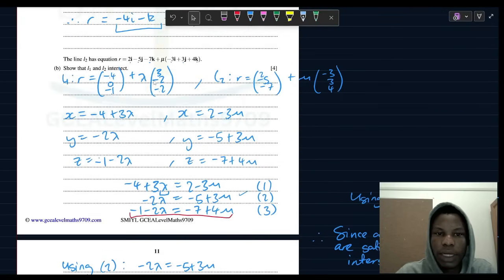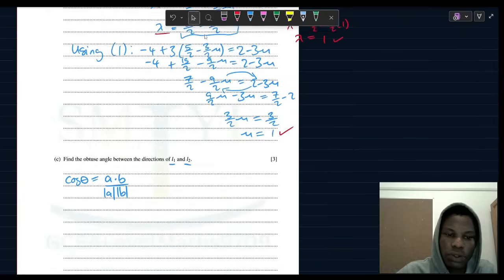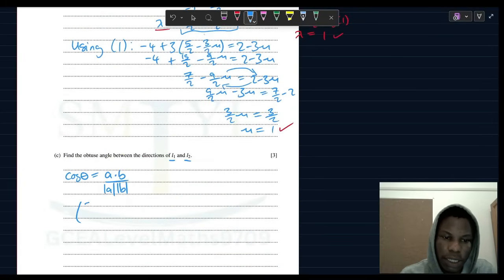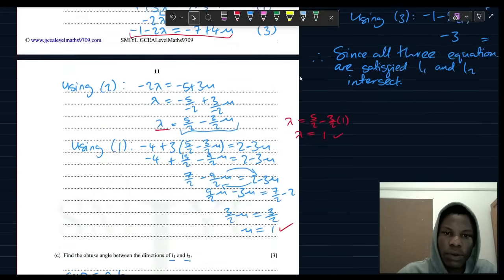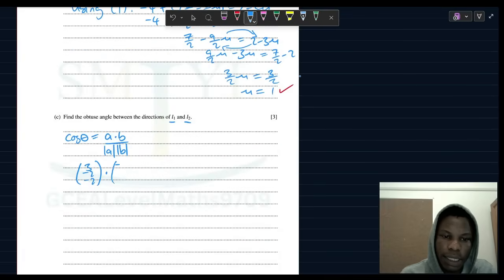What is the first direction? So the first direction is 3, negative 2, negative 2, and the other one is negative 3, 3, 4.